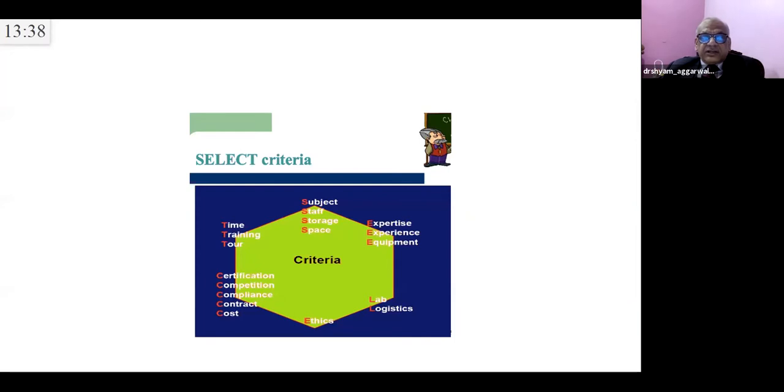All this is judged through the feasibility questionnaire sent to you by the investigating agency: expertise, experience, equipment, and also lab logistics.